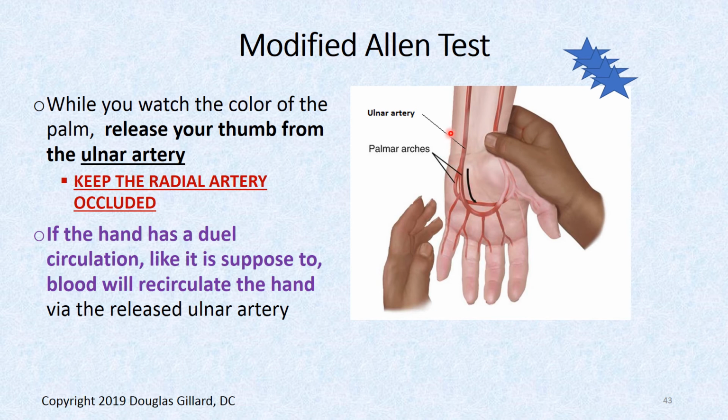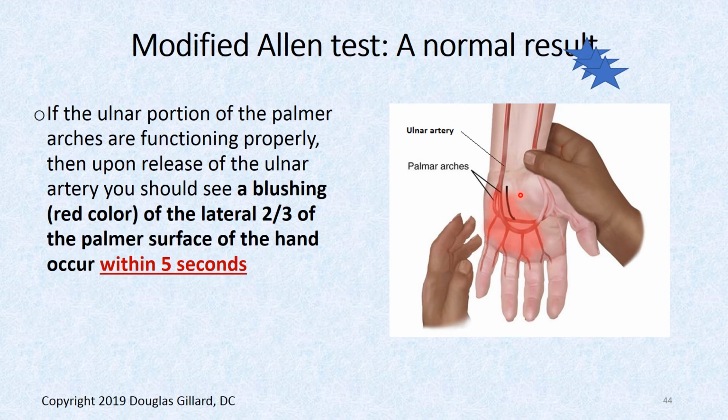If they have a weird ulnar artery that only goes to the little finger, these might come back to color, but this will stay all ghostly, kind of greenish white, bluish white from lack of blood flow. So that's a positive test, and they should not get any catheter stuck up there. Everybody good with that? It's pretty straightforward.